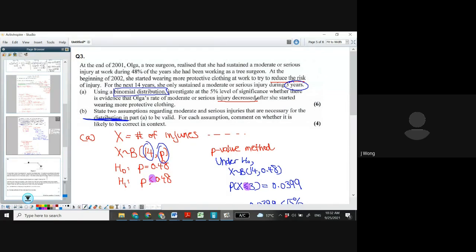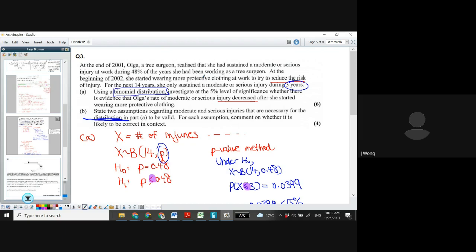And in this test, the fixed number of trials is pretty much pre-designed for the person, so you can't really challenge that. But you could challenge whether the probability is actually the same throughout the years.